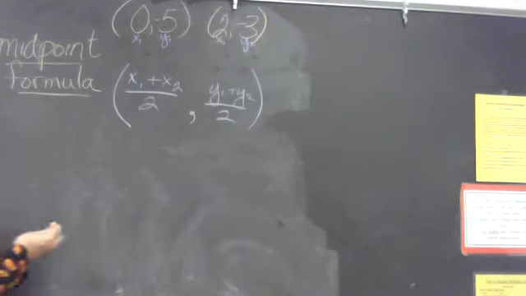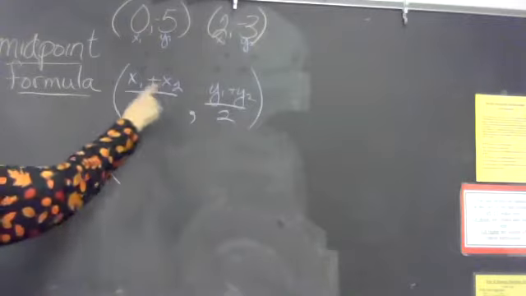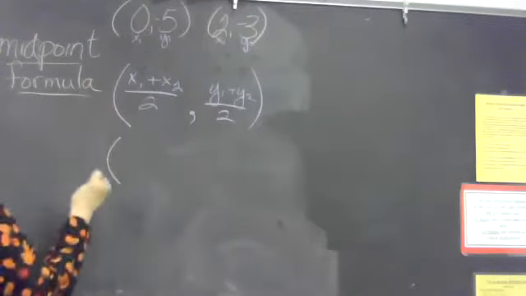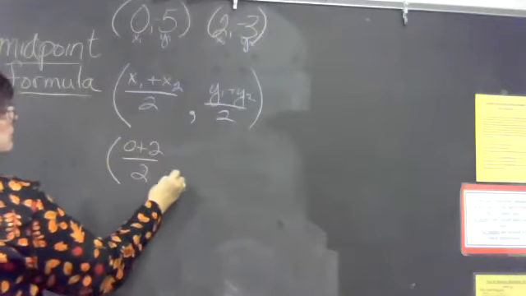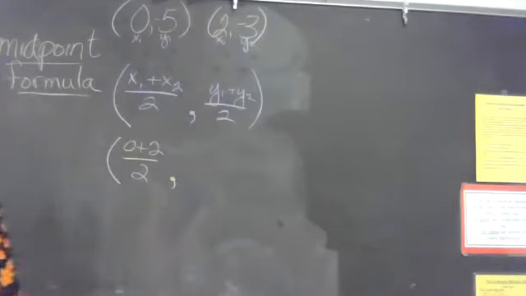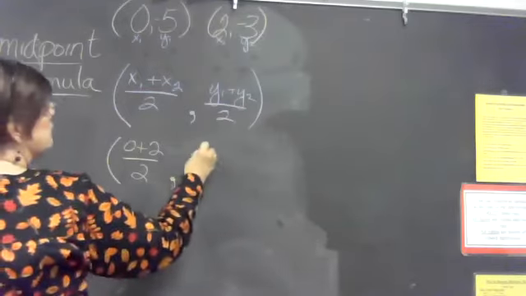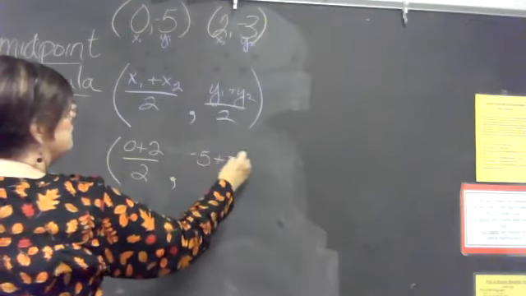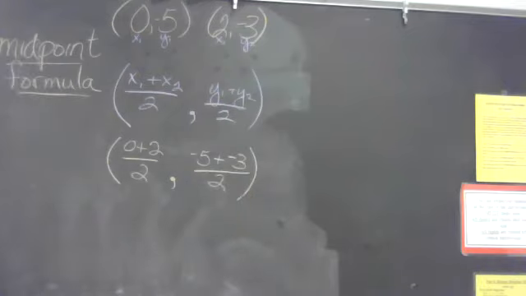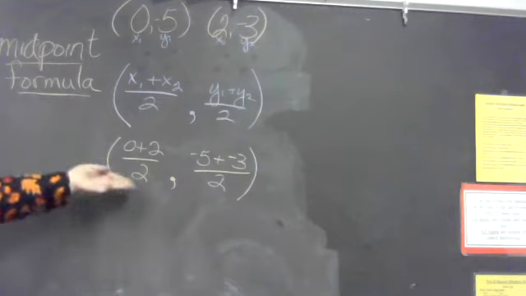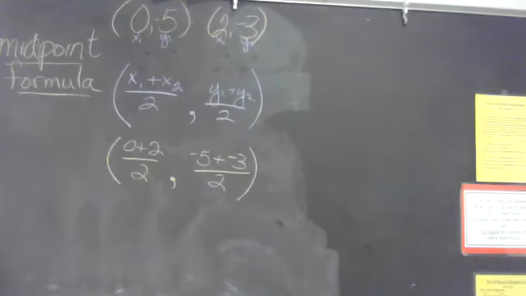Okay, so here we go. We have parentheses. We're going to take the 2 x's and add them together. So I have 0 plus 2 divided by 2 and a comma. Then I add the y's together. -5 plus -3 divided by 2. You see so far? Just adding the x's together, I'm averaging actually, finding the halfway point.